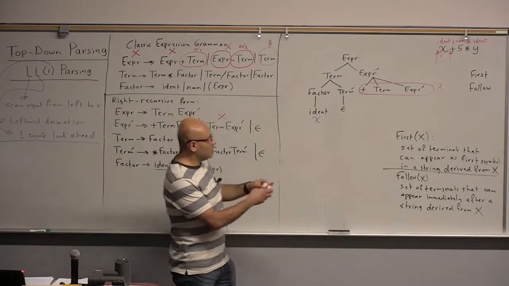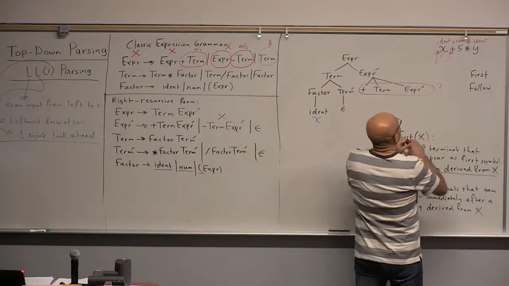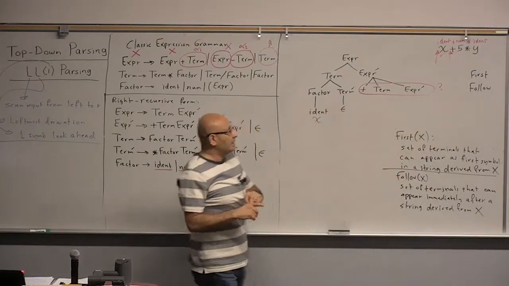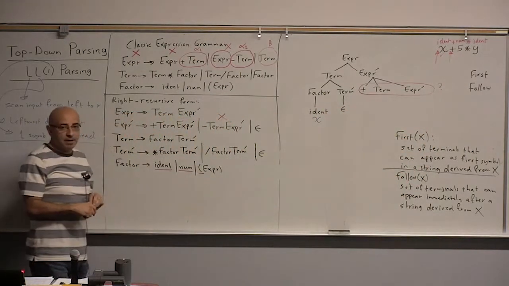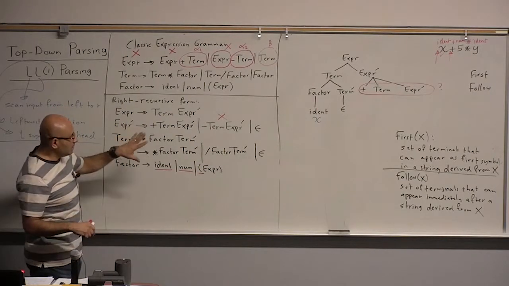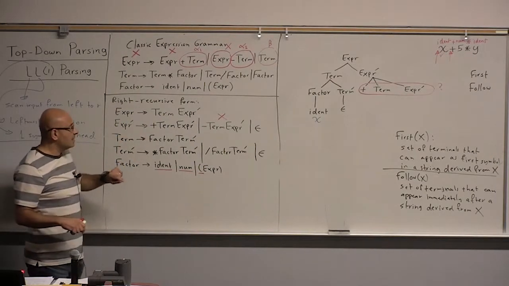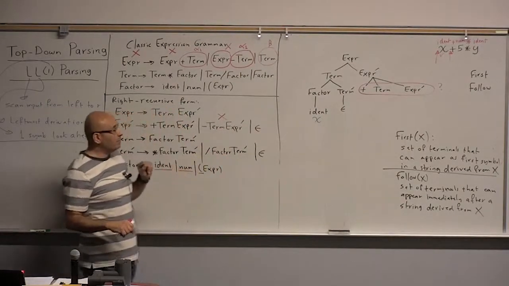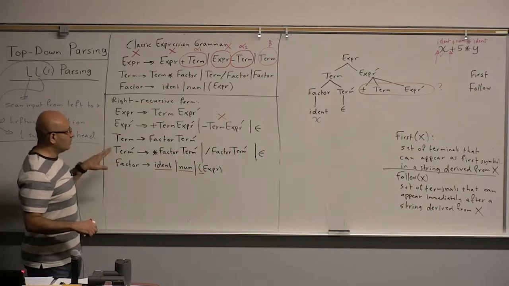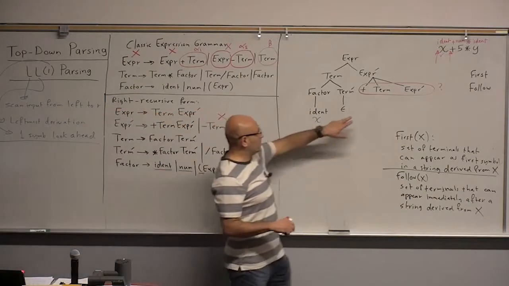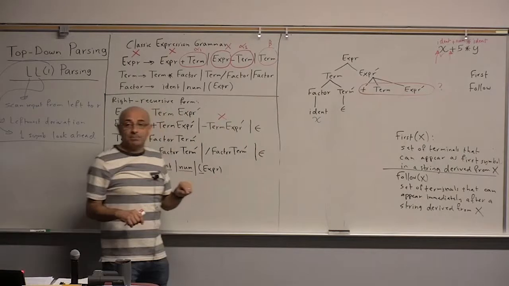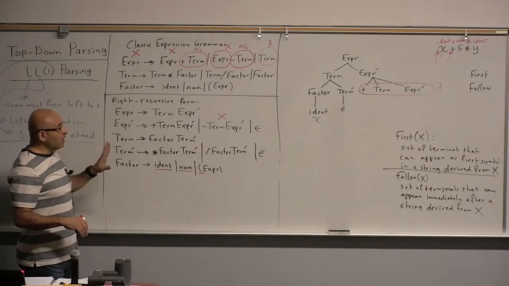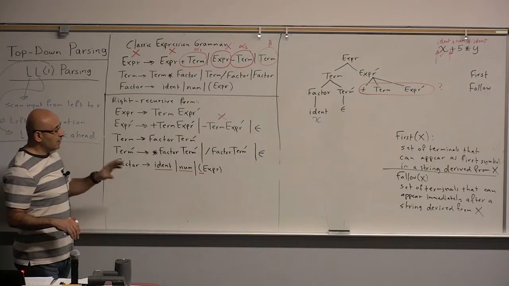But as we will see when we do the first and follow set analysis, in fact, plus does not belong to the follow set of expression prime. So the epsilon substitution will not be a valid substitution. Okay, so we will fully understand this after we compute the first and follow sets.